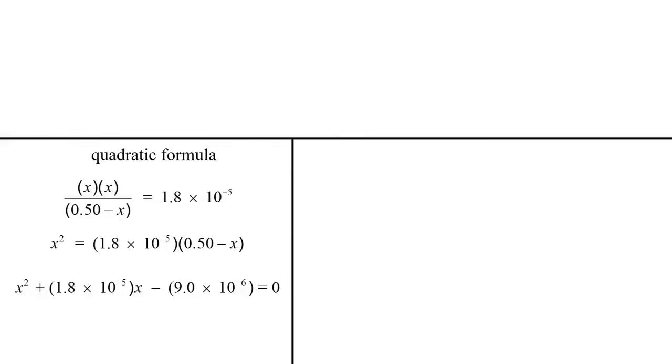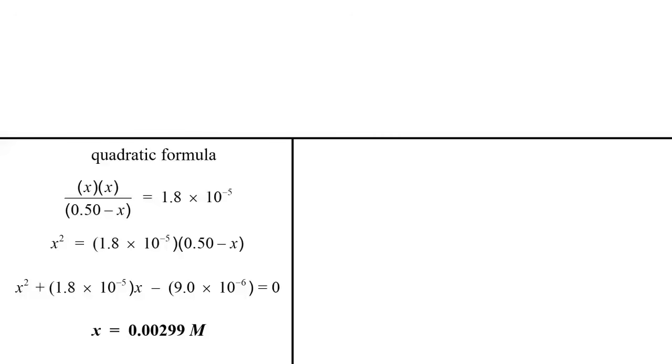And when I use a quadratic formula solver, what I get is that the value of X, which represents the concentration of the hydronium ion at equilibrium, is equal to 0.00299 moles per liter.